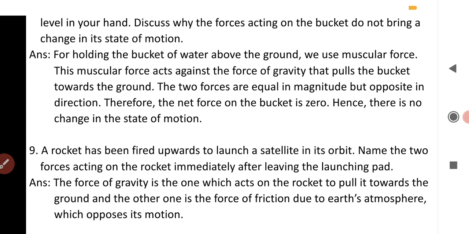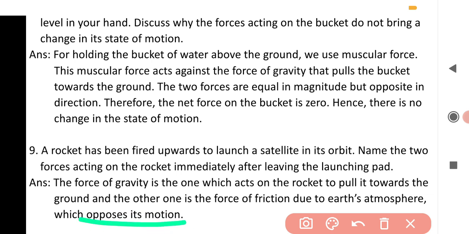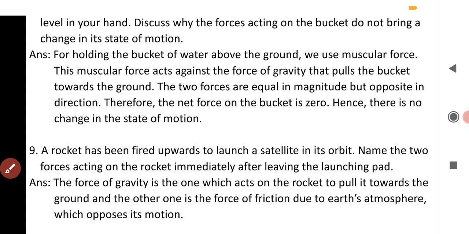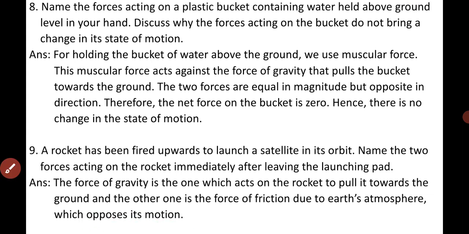It will be fired upwards. So the air which is present in the atmosphere will exert a force of friction which will try to oppose its motion. So the two forces acting in this case are the force of gravity, that is gravitational force, and the force of friction. So this is the answer of question number 9.